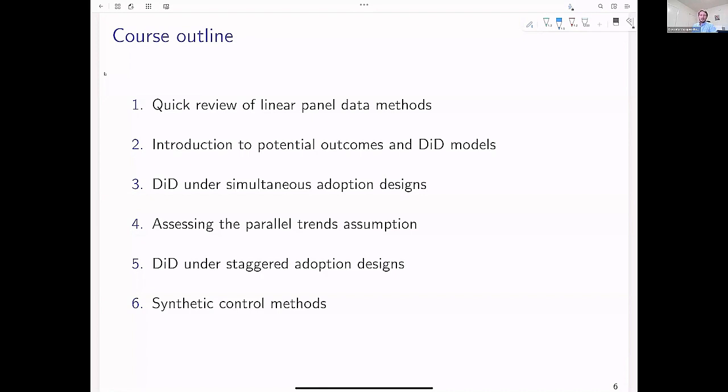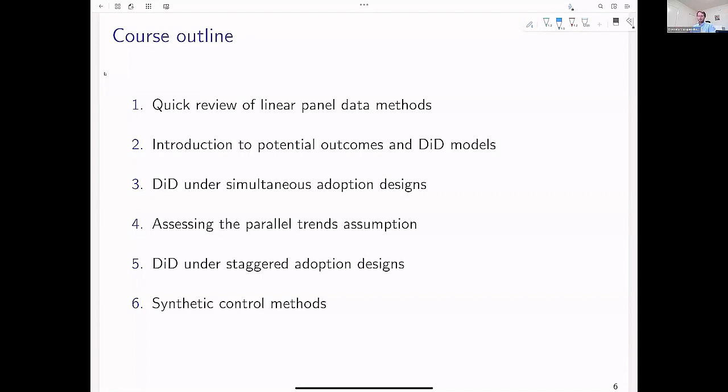Part number 3, then we're going to jump into the hardcore diff-in-diff. We're going to talk first about diff-in-diff under simultaneous adoption designs. This, as I said, is basically the canonical case in which we have two different groups, one that is never affected by a treatment and one group that is affected by a treatment after a certain time period.